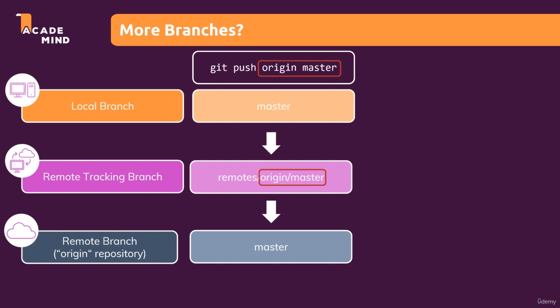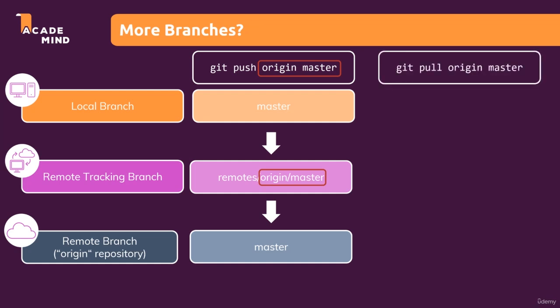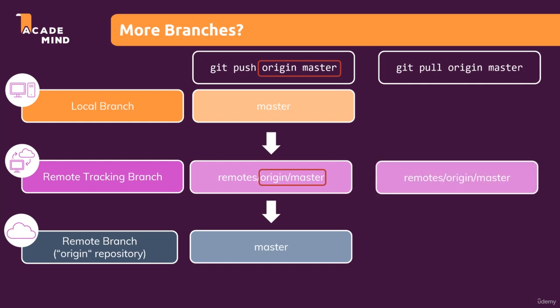This is not only the case for pushing branches. We can of course also retrieve data from our remote branch. This works with git pull right here, origin master. And if we run such a pull command from our local branch, well, then we first update our remote tracking branch again, because we tell Git to update our origin master branch again right here and right there.